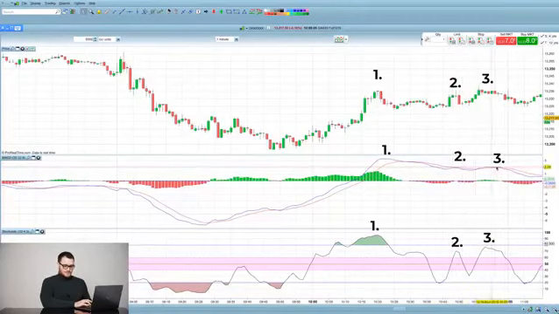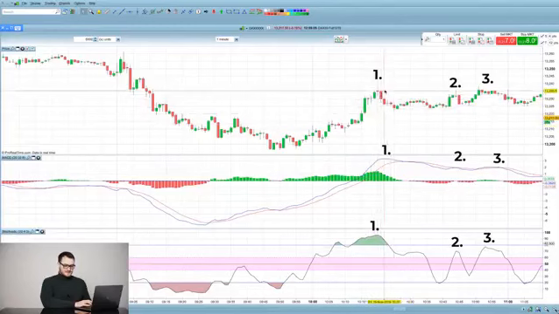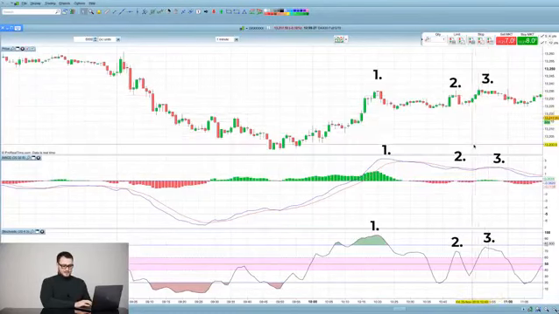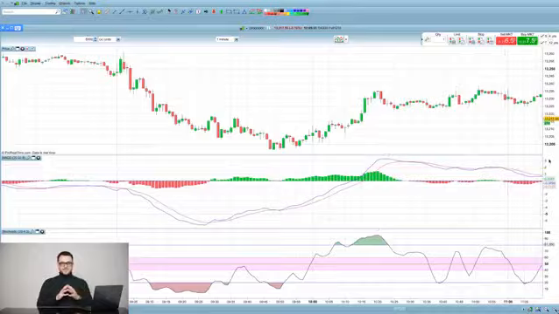Both of these waves are lower than the one before, than this one here. However, in price, they are at the same level or even slightly higher. So this is already a divergency. But this is not a signal just yet. It is a weakness and it shows us potential for falling, but this is not a signal yet that I'm using for my actual trading.